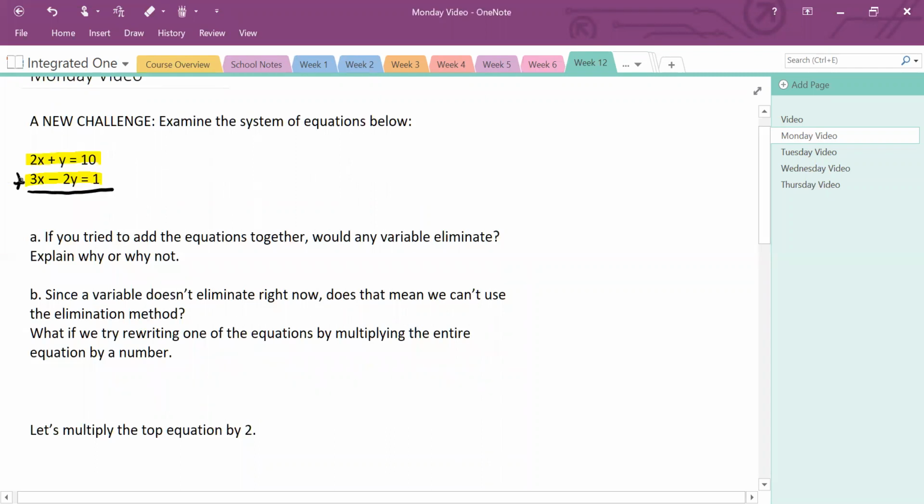So remember, when we eliminate, we're going to add down. That means 2x plus 3x is 5x. y minus 2y is negative y. And 10 plus 1 is 11. So there was no variable eliminated.